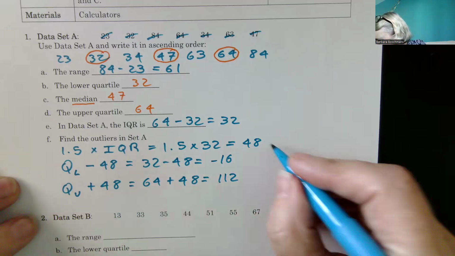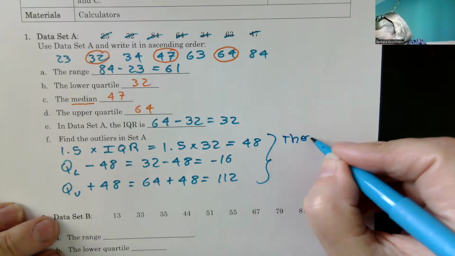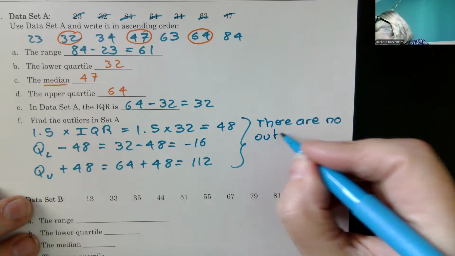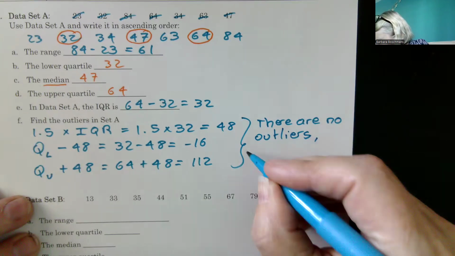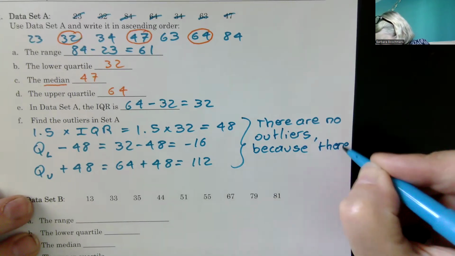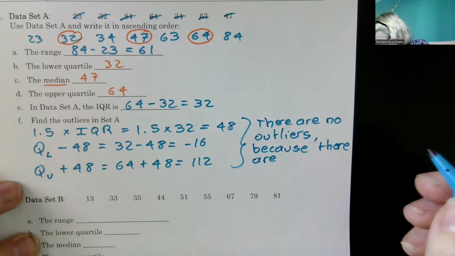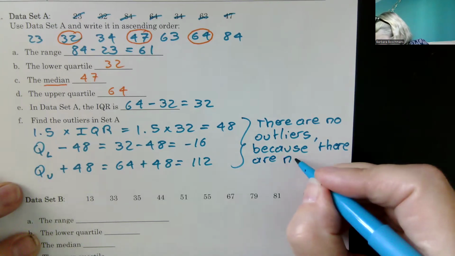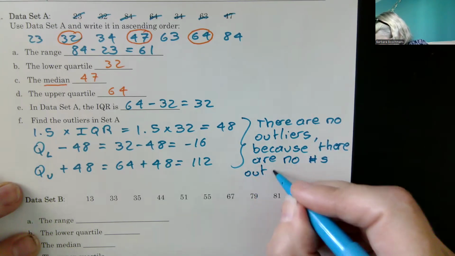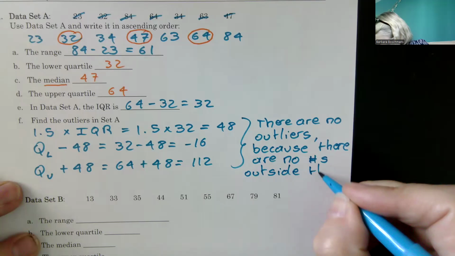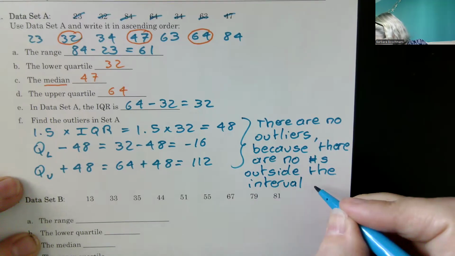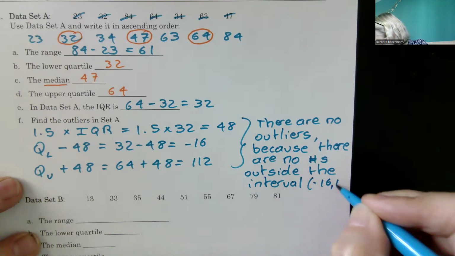So there are no outliers, because there are no numbers outside the interval negative 16 to 112.